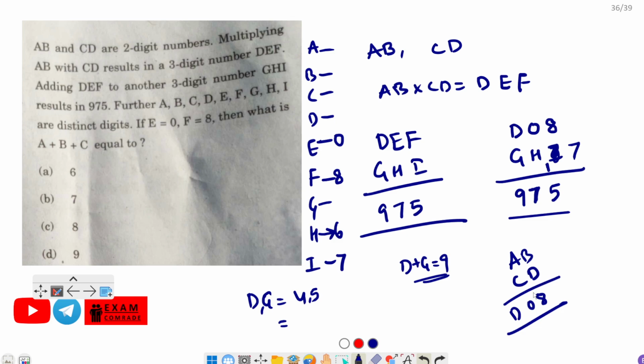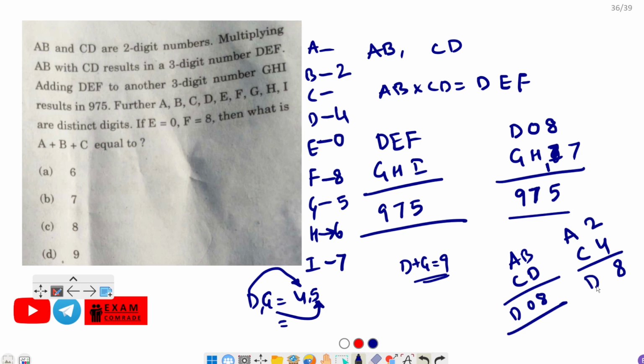B into D should be 8. So D can be 4, right? D is 4, G is 5. So B can take only the value 2. Okay, B is 2, D is 4.